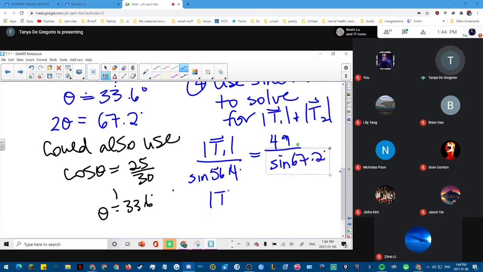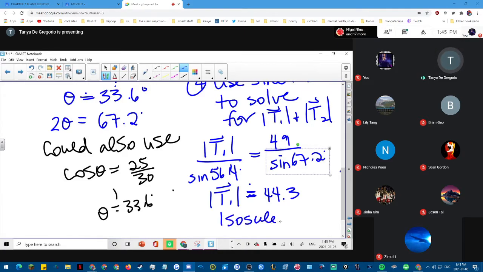And then we cross multiply. And we see that tension is approximately equal to 44.27. So 44.3 newtons. And we have an isosceles triangle.